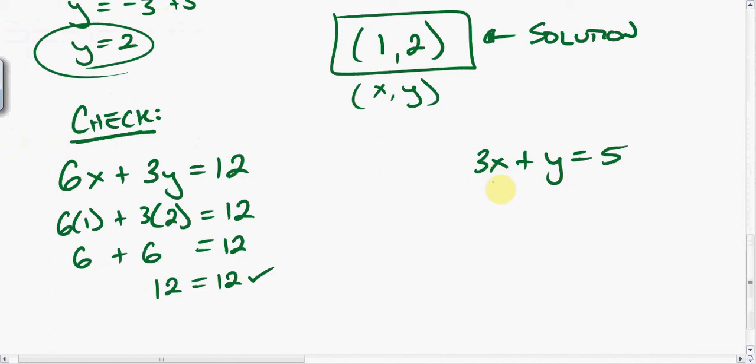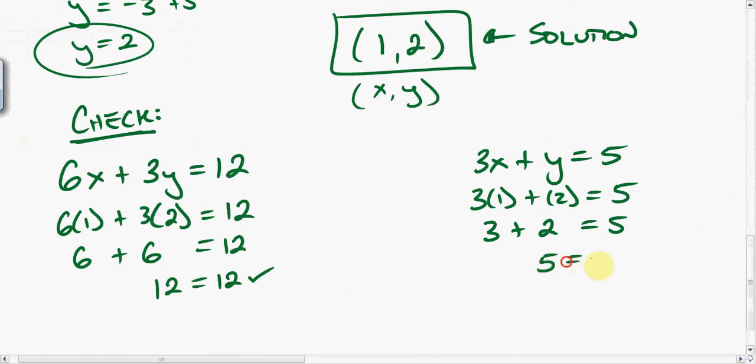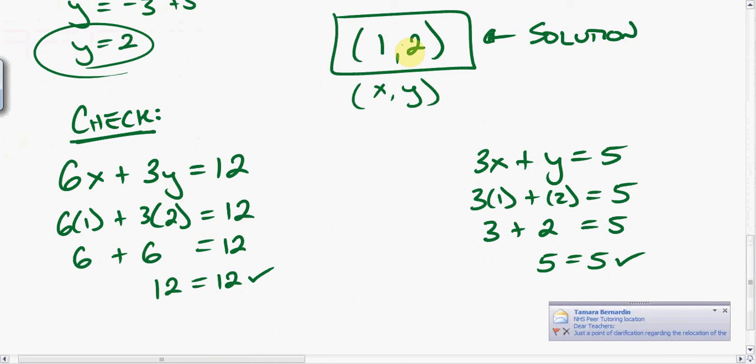I need to check the second one. Plug in 1 for x, 2 for y, 3 times 1 is 3, plus 2, 3 plus 2 is 5. So the second equation checked. So we're comfortable knowing that 1 comma 2 is the correct answer. So that's an example of solving by substitution.